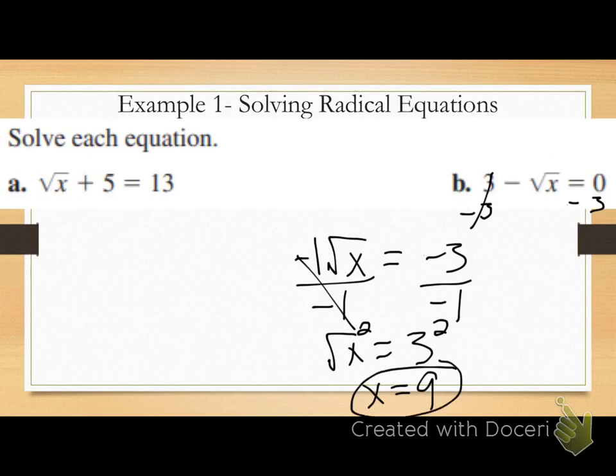Another way I could have approached this, instead of subtracting 3 from both sides, I could have added the square root of x to both sides. That'd give me 3 equals the square root of x. Is the square root by itself? Yep, so it just deleted the step of dividing by negative 1. Either way, it will still work though.